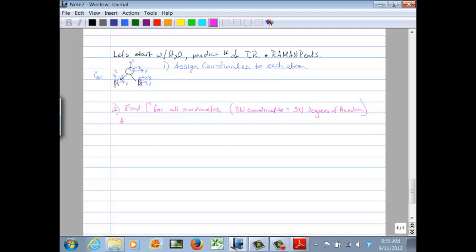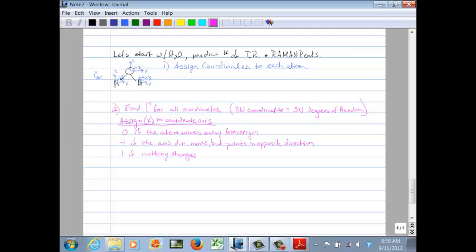If the atom stays the same, that's the only way that you can assign it a non-zero value, if the atom itself does not move. If the atom itself does not move and the coordinate system stays exactly the same, you assign 1 for each one of the axes that stays the same. If there's a reflection or a rotation that leaves the atom in the same position, however, rotates the axes or reflects the axes into the negative of itself, then you assign a -1 for each one of those axes.